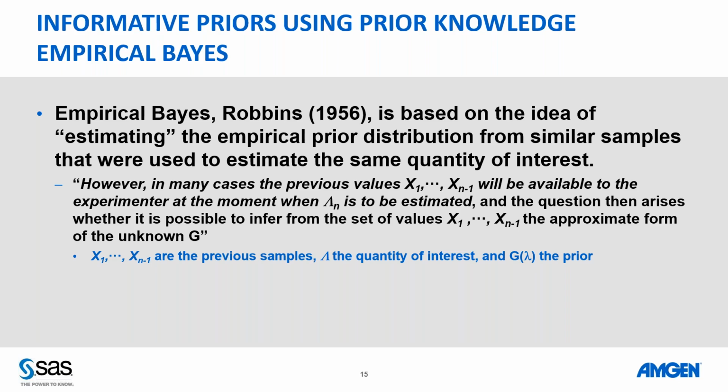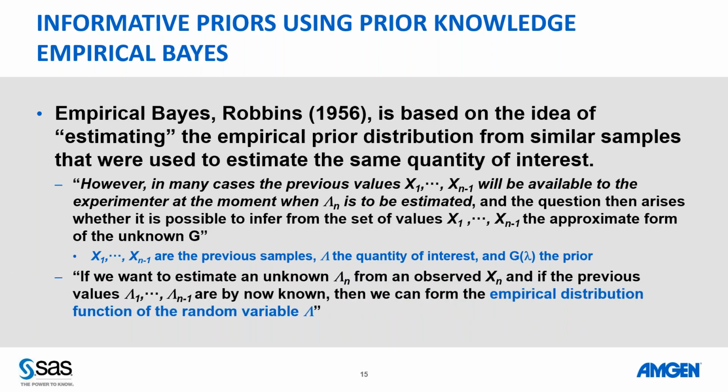Can we use that information to get some prior? And what he did, and it's a very nice, for those of you who are into this, I recommend you look at the paper because it's a very nice way of using that information to derive that empirical distribution of the random variable. And that's why this is called empirical Bayes.